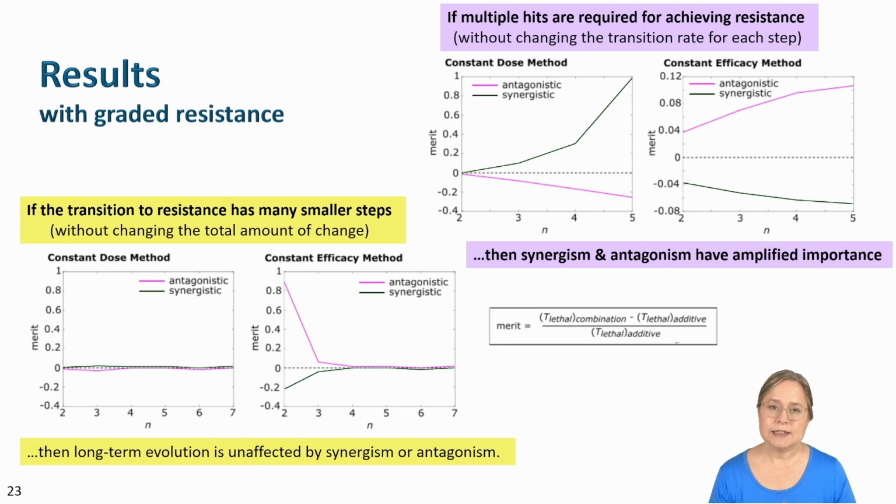Whereas to the left, in yellow, if the landscape of resistance is highly plastic, such as having tiny gradual changes that don't require an infrequent mutational event, then it stops mattering whether the treatment is an additive combination or a synergistic combination. Of course, the efficacy still matters, but it no longer matters how that efficacy is achieved, through synergism or additivity.